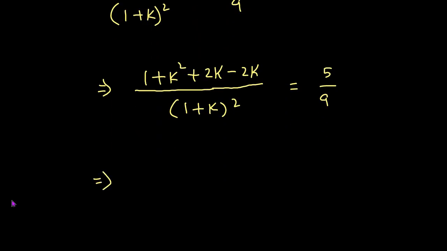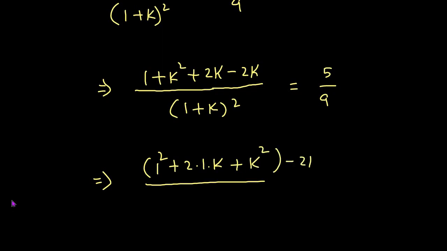Next, we can arrange the values and write (1² + 2·1·k + k² − 2k)/(1 + k)² = 5/9.